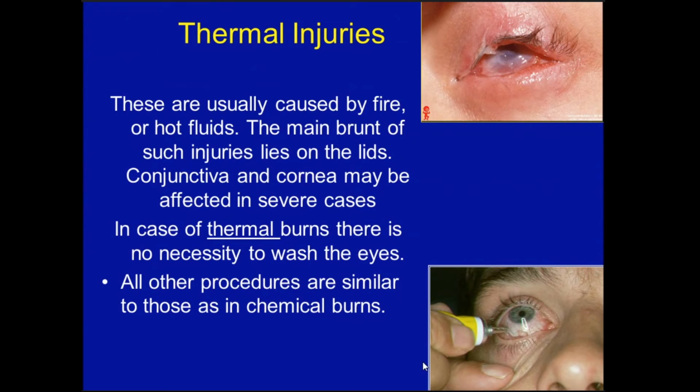All other procedures are the same. So we should prescribe analgesic, local and systemic antibiotic, tetanus prophylaxis, and of course we should send the patient to an ophthalmological department.